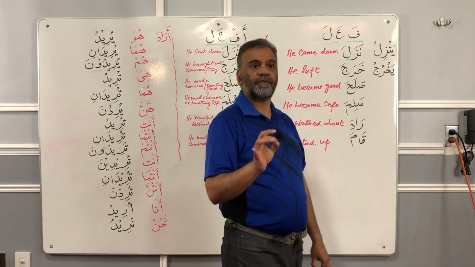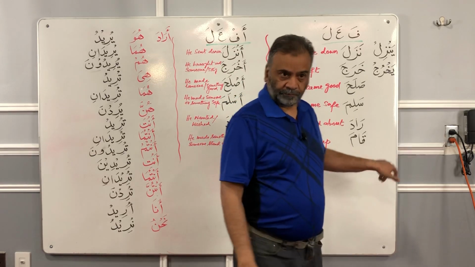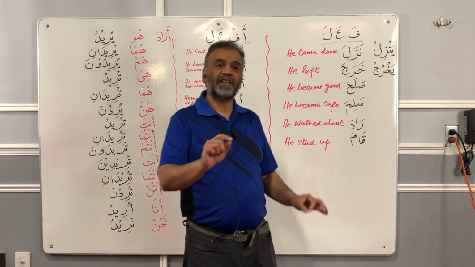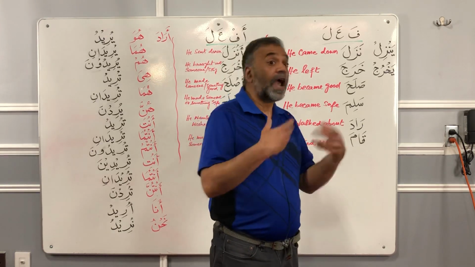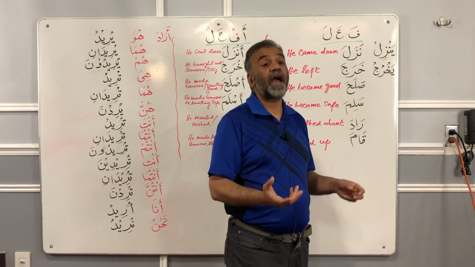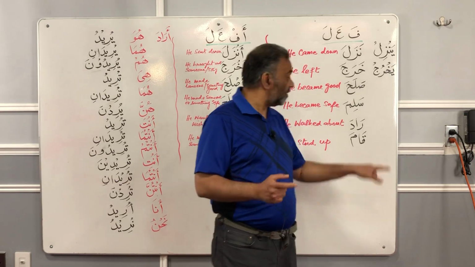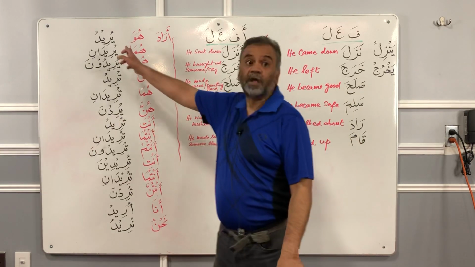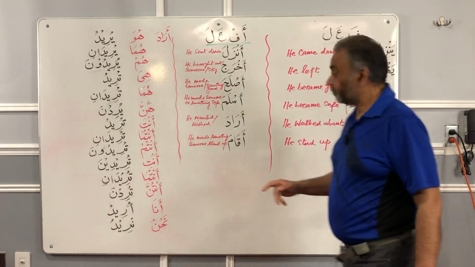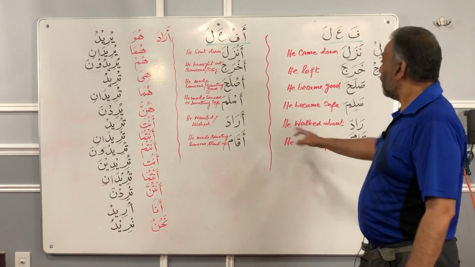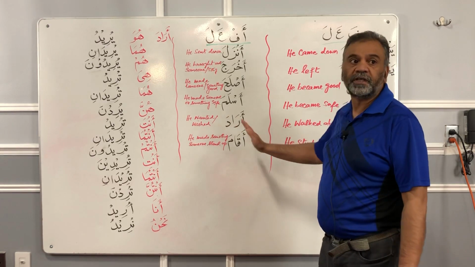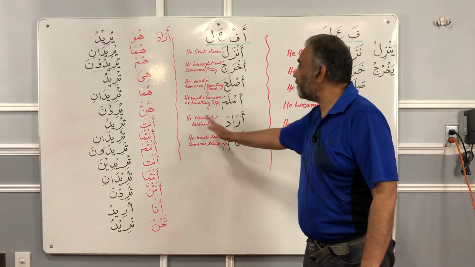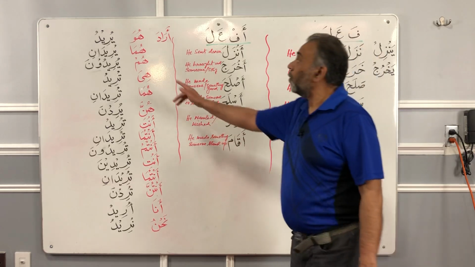If there is an alif in the verb, there is either a waw or a ya hiding behind it, and I don't know what is hiding behind it unless these verbs become mudare. So arada, and I'm not going into detail, means he wanted or he wished.